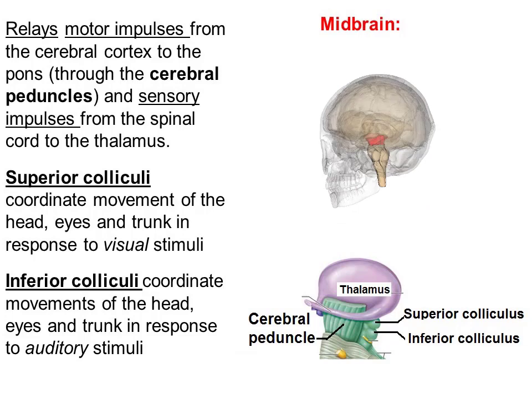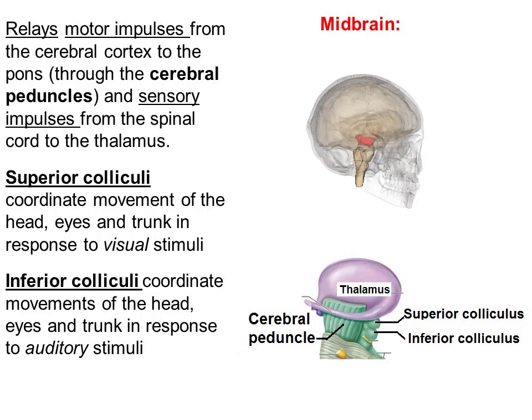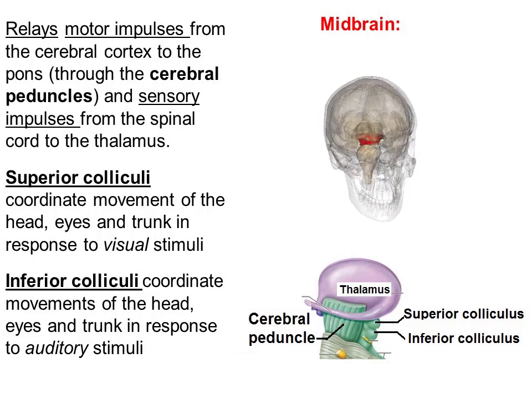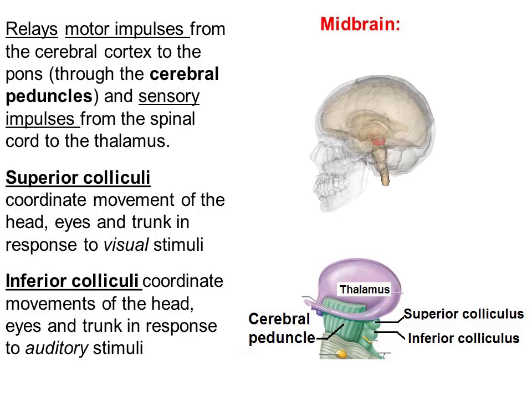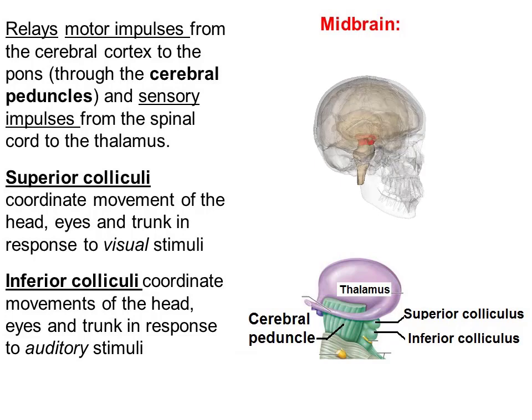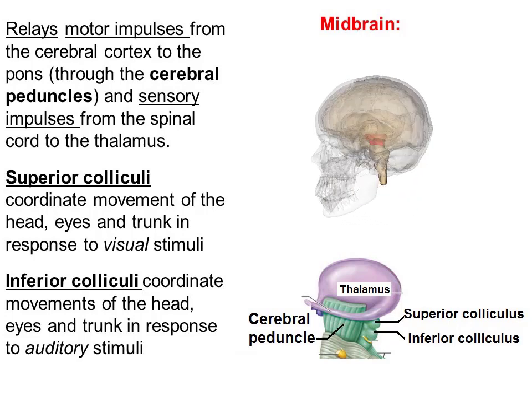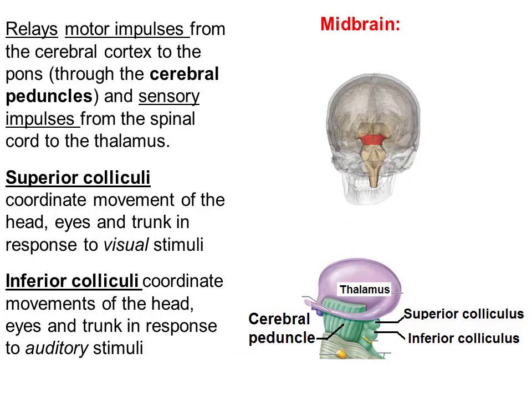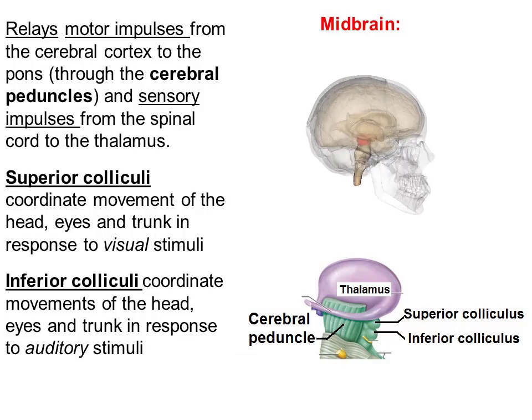But then we also have sensory information coming up from the spinal cord to the thalamus. Remember, the thalamus is going to filter that sensory information. So these are ascending and descending fibers running up and down through what are called our cerebral peduncles.